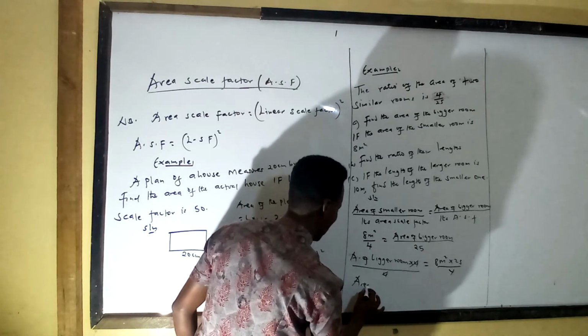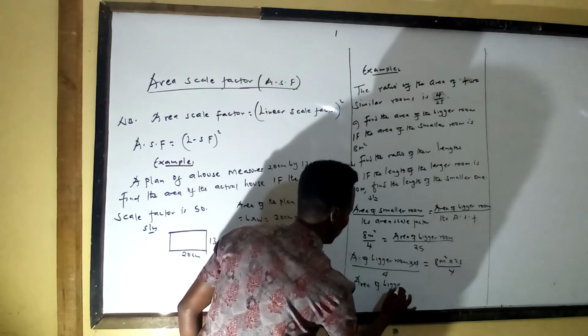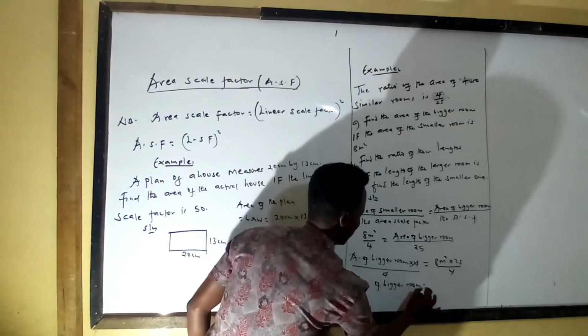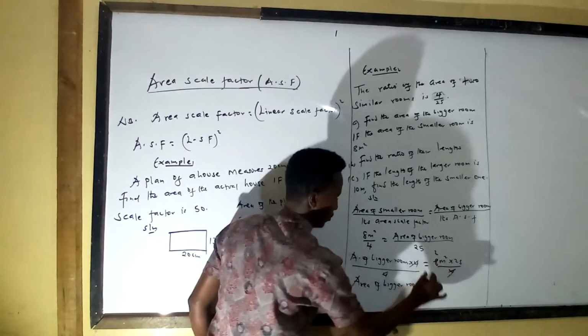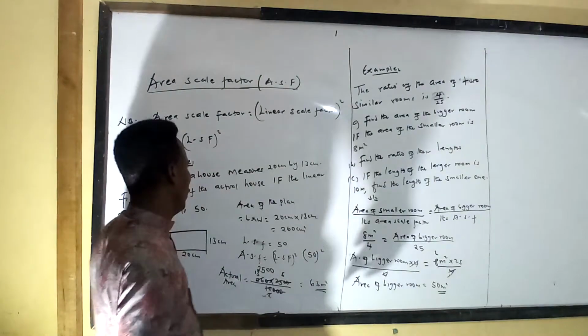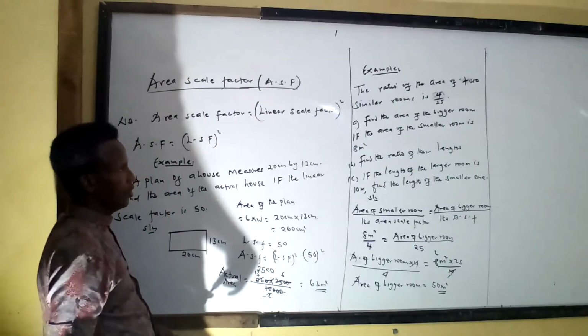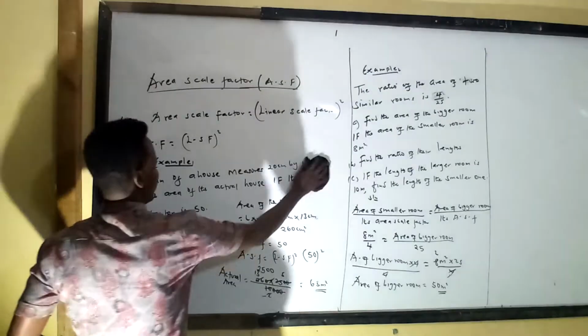So the area of the bigger room is equal to 4 into 8 is 2, 2 times 25, that's 50 meters squared.